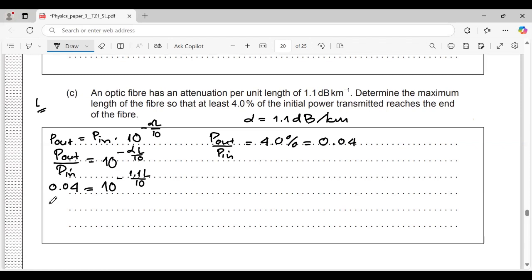According to the logarithm rule, we can write it like this: log 0.04 equals log 10 power minus 1.1 L over 10. Or it's going to be log 0.04 equals minus 1.1 L over 10.